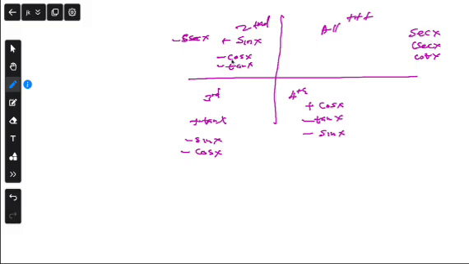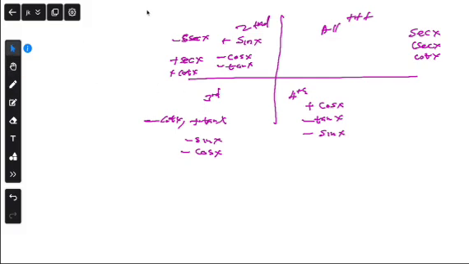The opposite of cos is secant. Since cos is negative in the second quadrant, secant is going to be negative. Cotangent is the opposite of tan. Tan is negative, meaning to say cotangent is going to be negative. So just follow the same procedure, and you're going to see that for the third quadrant, since tan is positive, cotangent is going to be positive, and so on. So this is how you're supposed to know this.